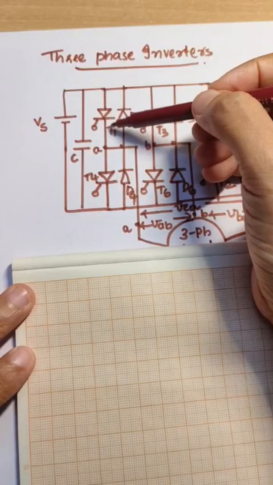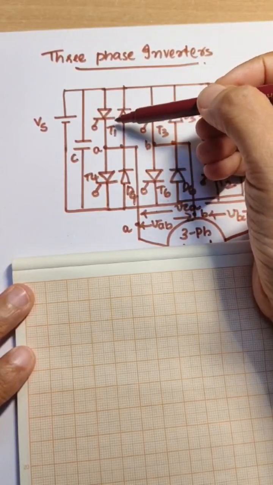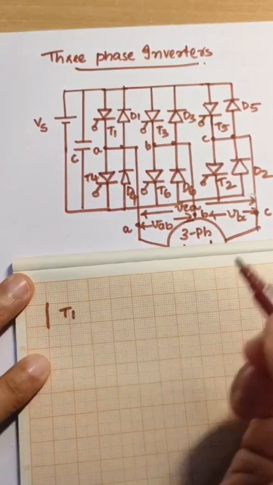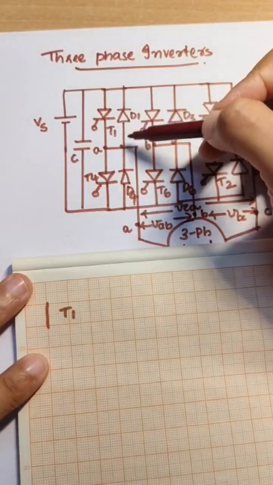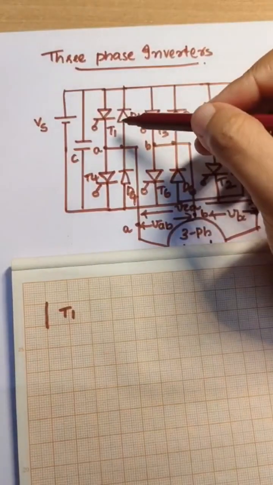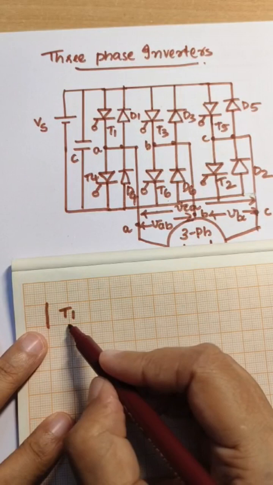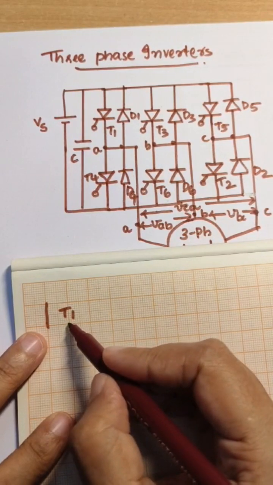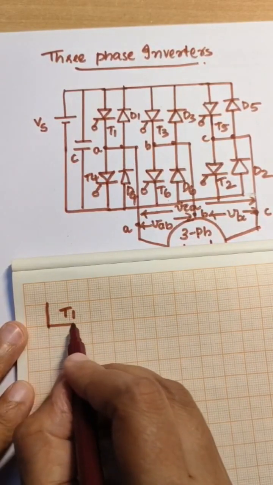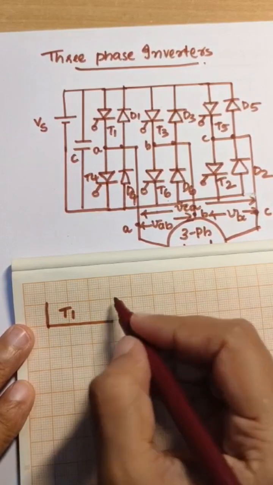In leg A, this is the first leg. The first element is T1. So T1 will be operated for 180 degree. Each element operates for 180 degree. Here in the graph, each block is measured as 60 degree. So if each block is 60 degree, T1 is operating for 180 degree, that is 1, 2, 3 blocks.